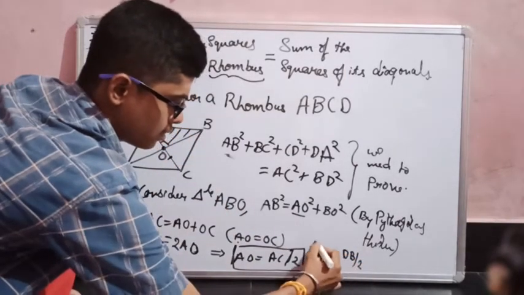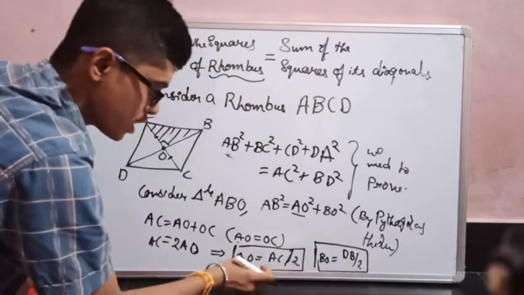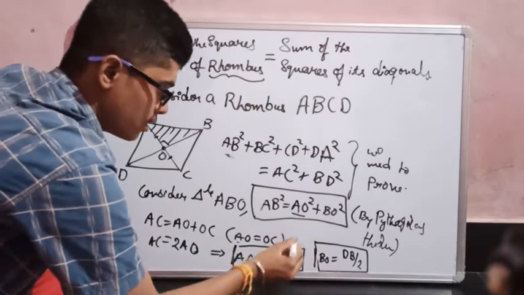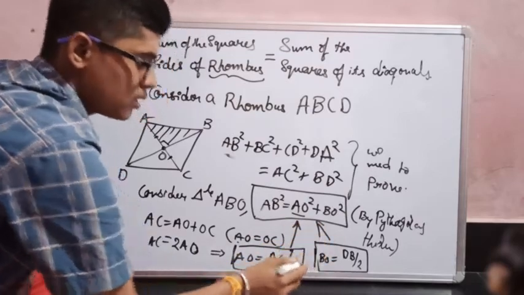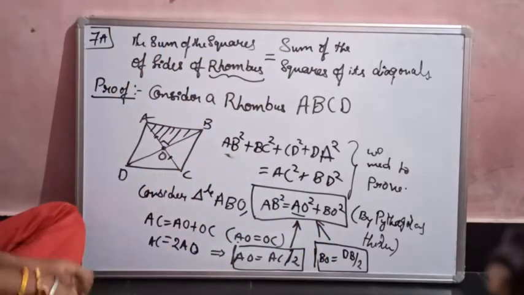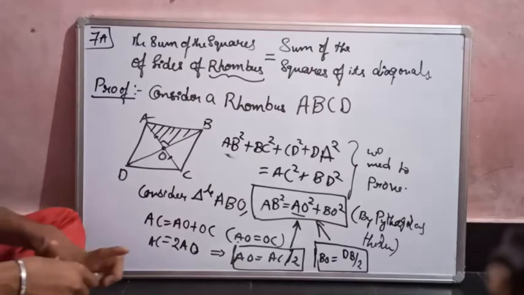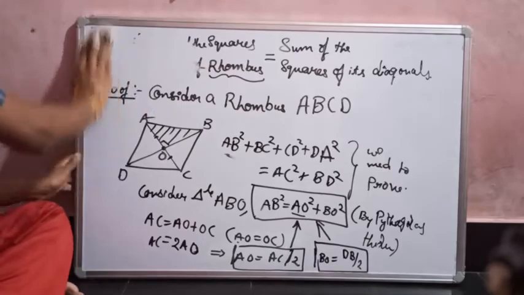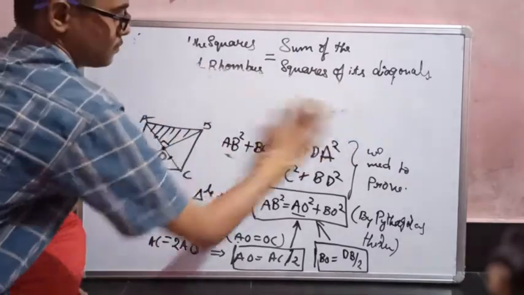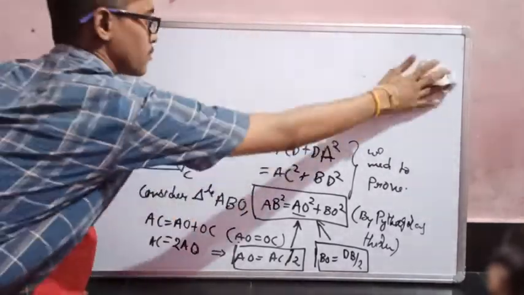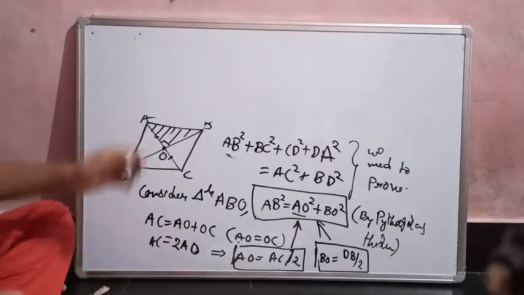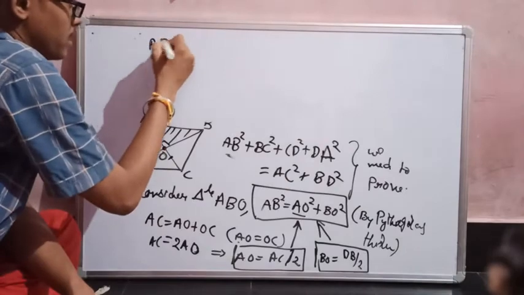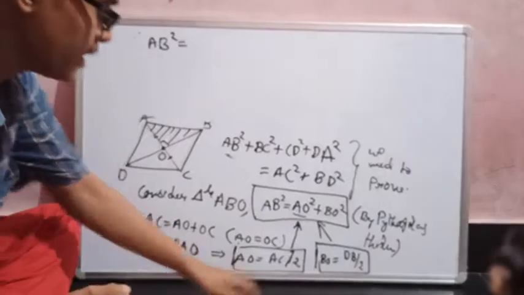These two statements we will be substituting in this expression to get the required result. Now consider the statement AB square is equal to AO square plus BO square. AO is AC by 2 and BO is DB by 2.